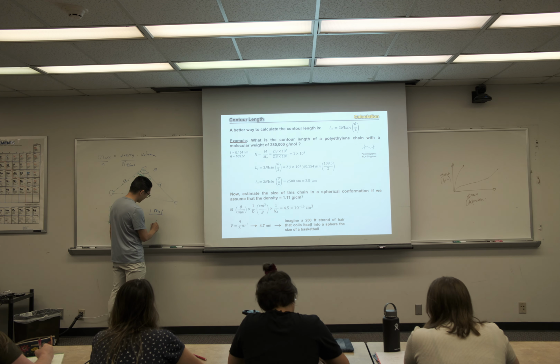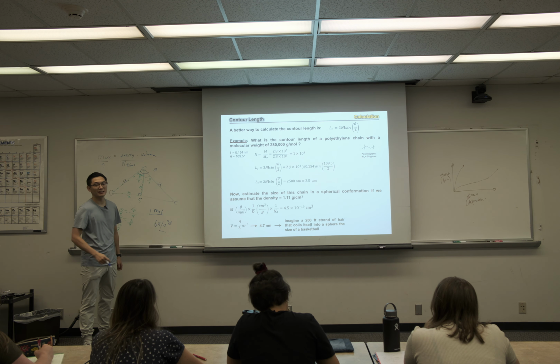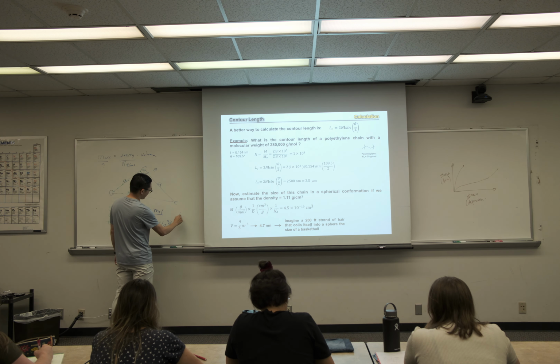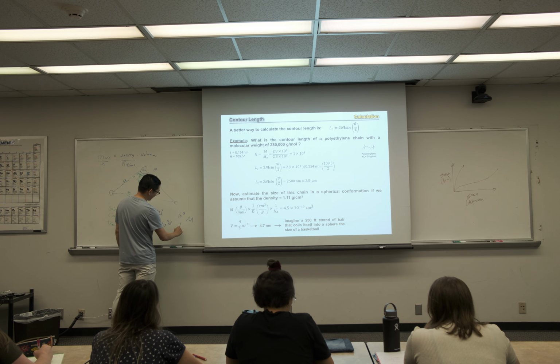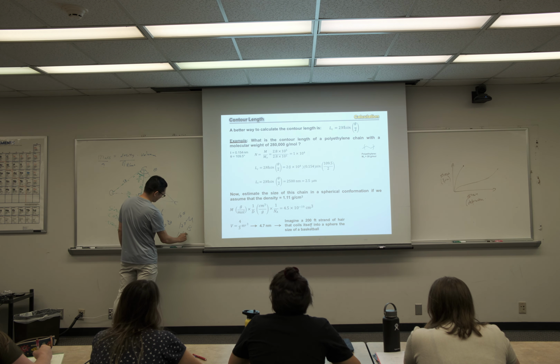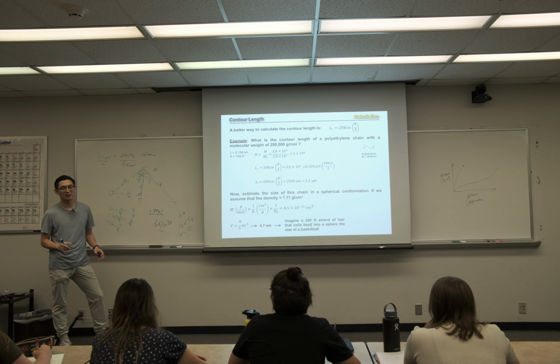It basically says it has 6.02 times 10 to the power of 23. Does anybody have some idea? 10 to the 6 is million, 10 to the 9th is billion, 10 to the 12th is trillion.